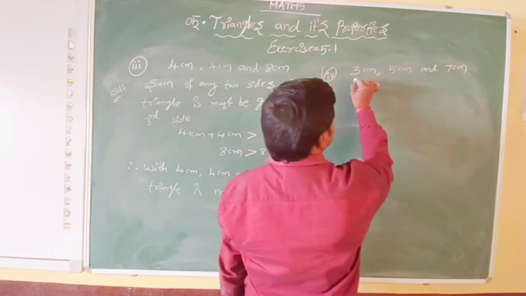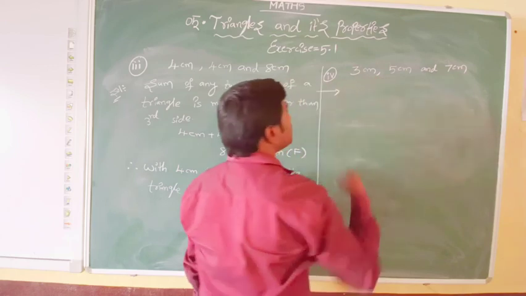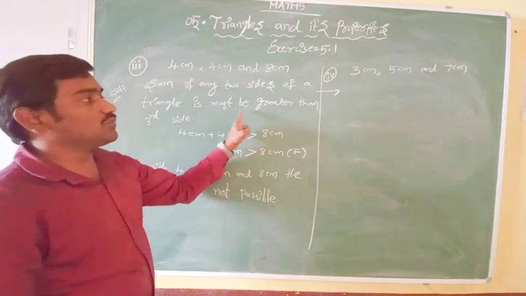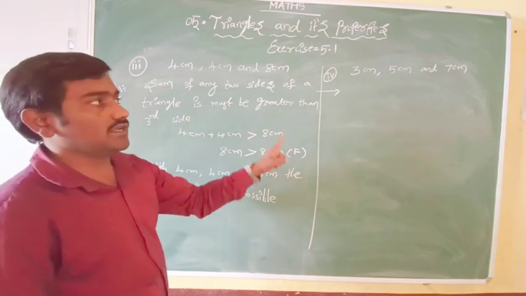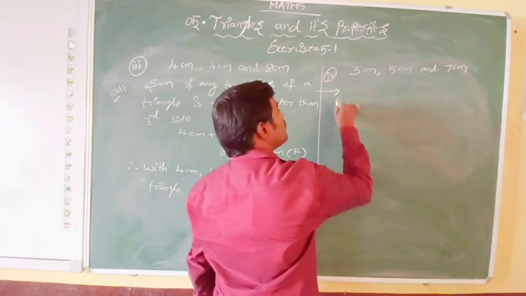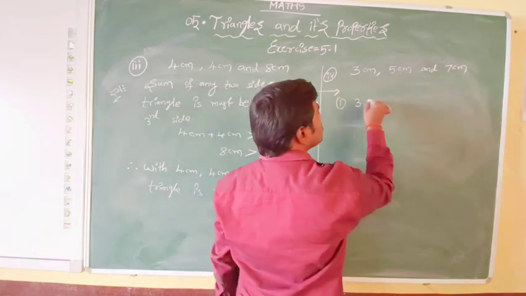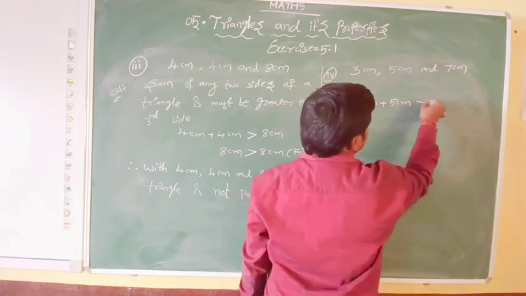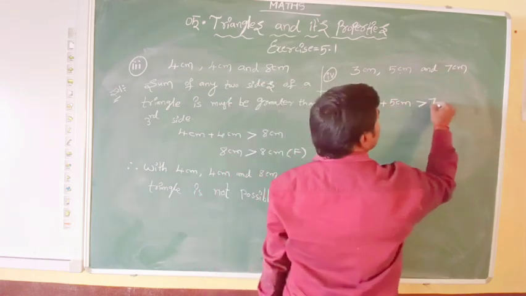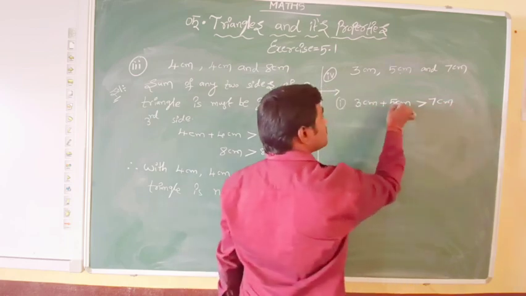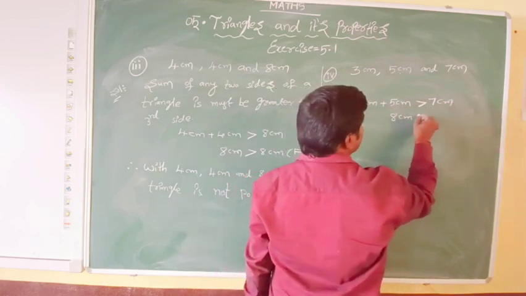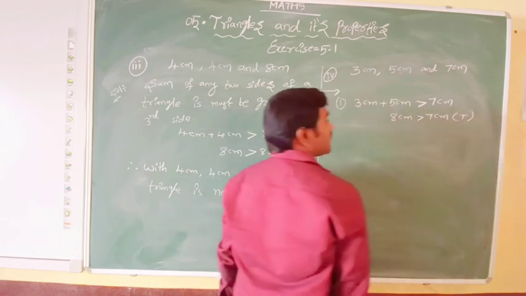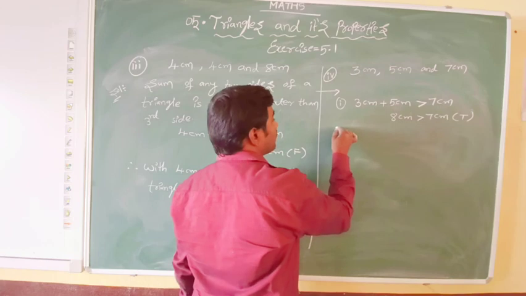First you have to write the same statement: the sum of any two sides of a triangle must be greater than the third side. Let us add these two sides first, 3 centimeter plus 5 centimeter. The sum should be greater than the third side. 3 plus 5 is 8 centimeter, which is greater than 7 centimeter. It is true. Then we go on.